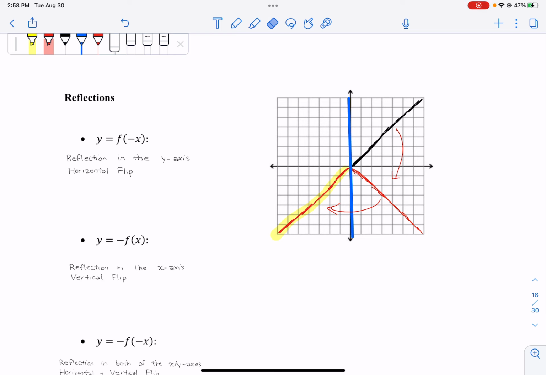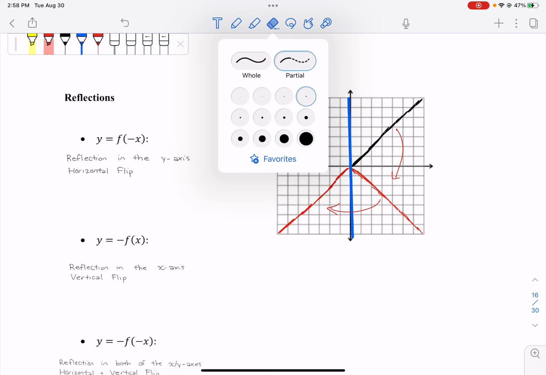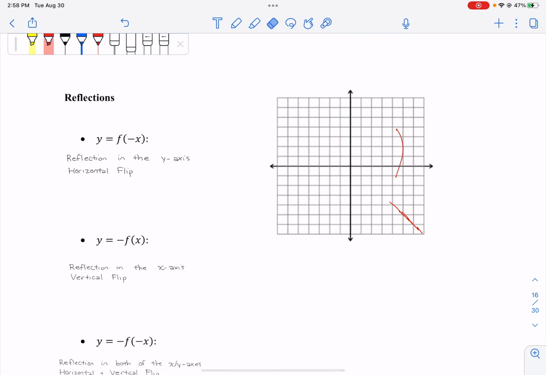All right, so let's do some of these using functions we actually know how to use. Let me get this over here. Let's say you have y equals x. y equals x looks like this.